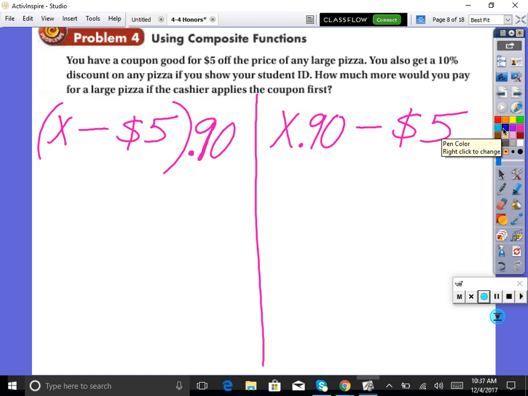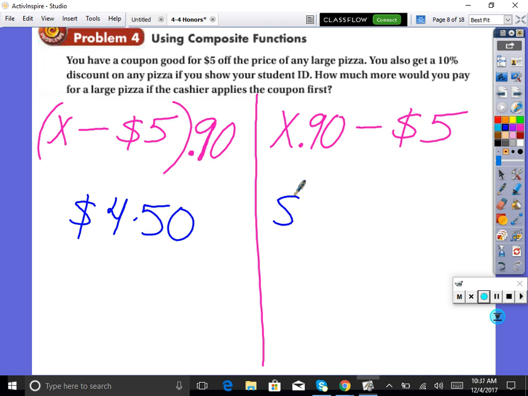Take your calculator. 10 minus 5 times 0.90. $4.50. That's how much you're paying for that dang pizza. Let's see if they should have done this first. So $10 times 0.90 minus 5. $4. So which one would you rather them do first?